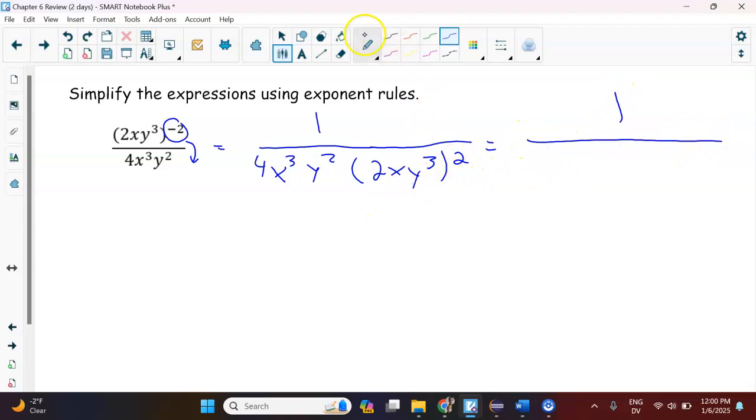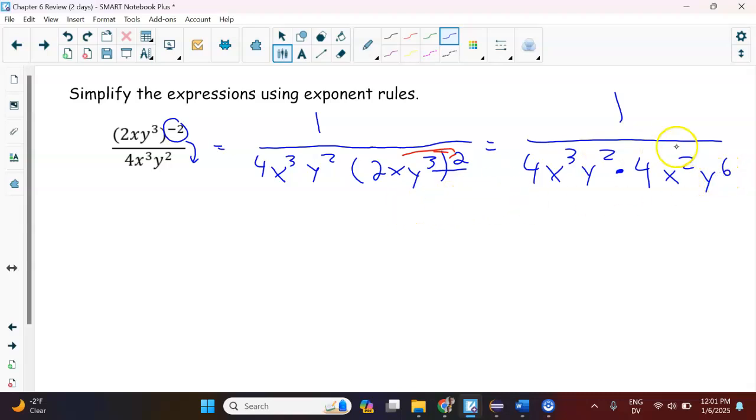And then our denominator at this point, again, you could expand this out, but really it just is going to distribute in that 2 on the outside. So the first part, we're not doing anything with, but then 2 squared is 4, and then x squared. And then here again, that's that power rule, so that's y to the 6th.